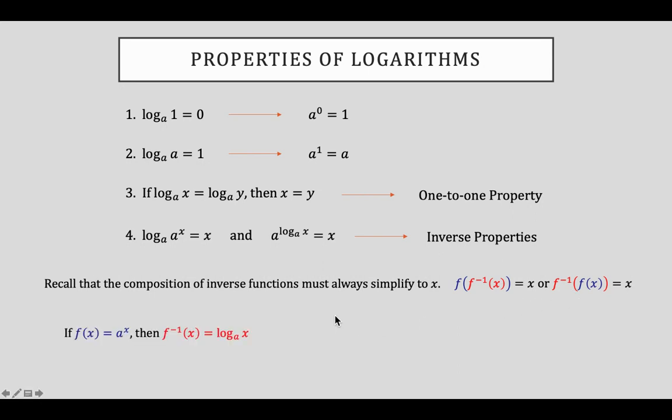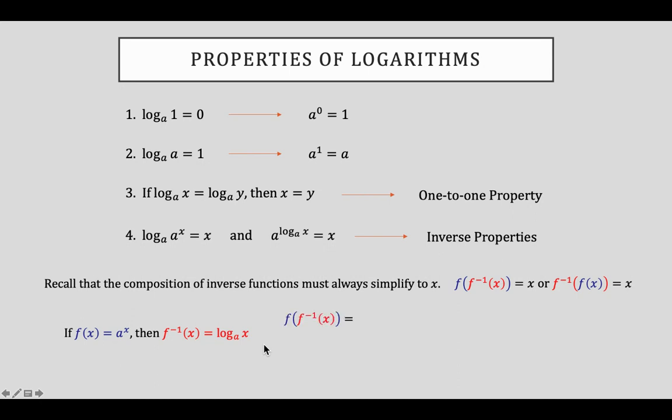As we have said, exponential functions and logarithmic functions are inverses of each other. So if f of x is a to the x, then that means f inverse of x would be log base a of x, right? These two functions are inverses of each other. I have an exponential function with a base of a, and I have a logarithmic function with a base of a.